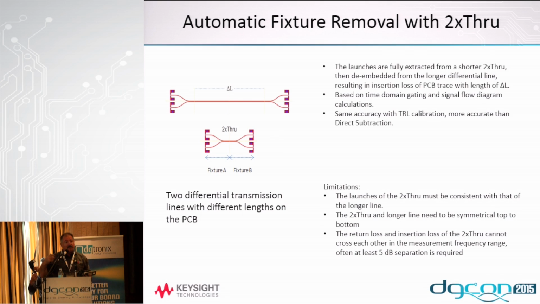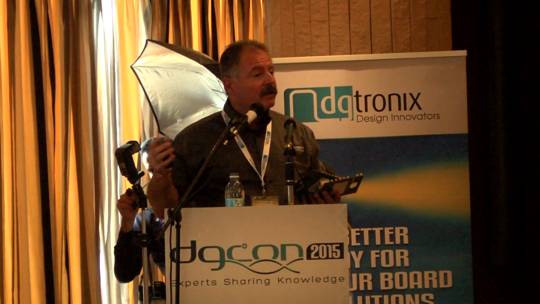And the idea is that you want to have this launch be the same as this launch. And this is not easy because there's excess capacitance, excess inductance right at that coaxial to planar transition that's very difficult to control, both EMI-wise and electrically. But it's much better than building 5 standards: through, reflect, line 1, line 2, line 3.